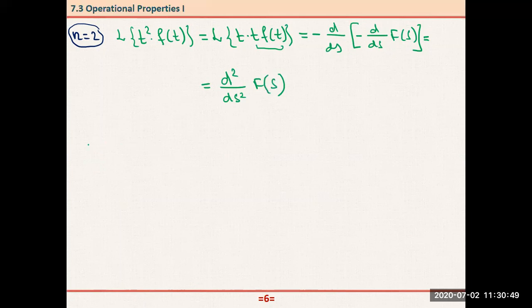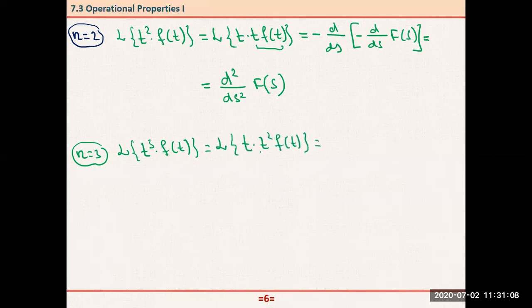Okay. And how about when n equals 3? So here we have Laplace of t cubed times f of t, right? That's equal to Laplace of t times t squared f of t, I can write it as. So that means we just differentiate the Laplace transform of this and multiply by -1. That is minus, what is the Laplace transform of this? We have just evaluated this.